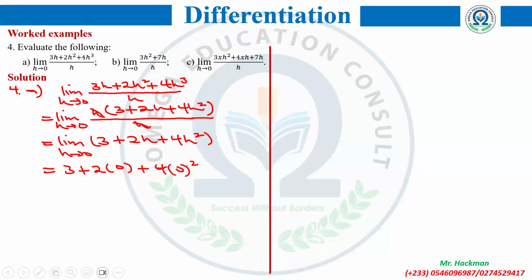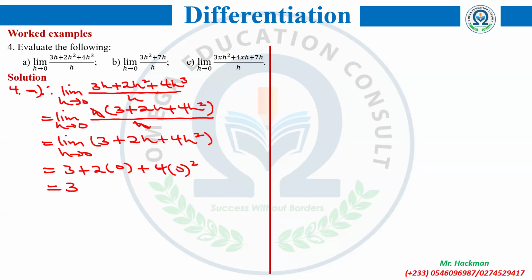All correct? Okay, so obviously this will be 0, this will be 0. So we'll end up getting 3 as our answer. So you come and write the therefore here.